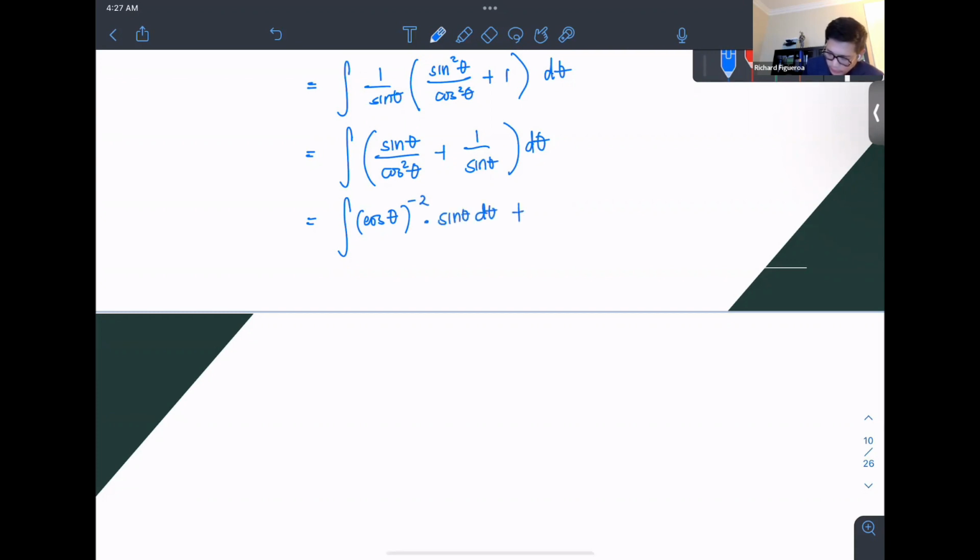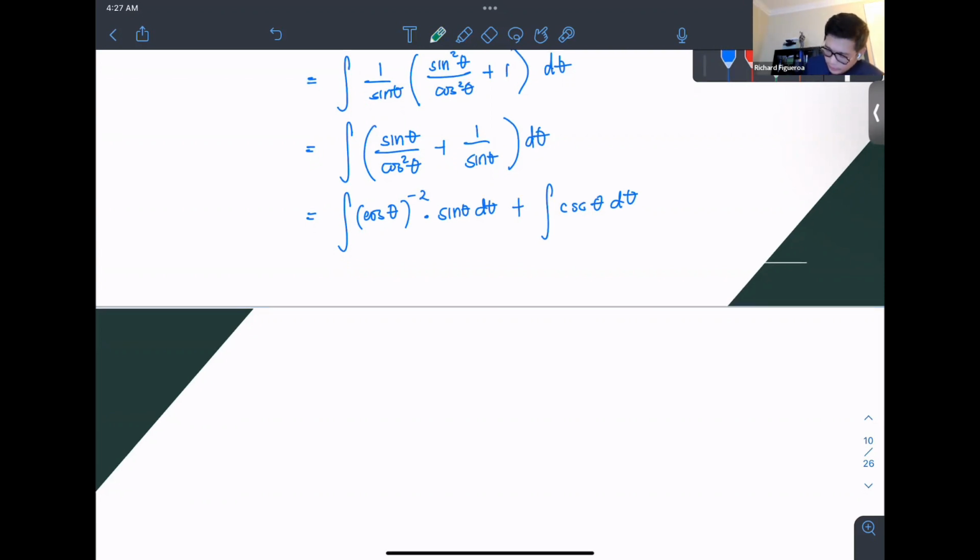Then the other one, 1 over sine theta, that is cosecant theta d theta. So in here, our u will become cosine theta. So our du will be negative sine theta d theta. Our neutralizing factor then will be a -1.